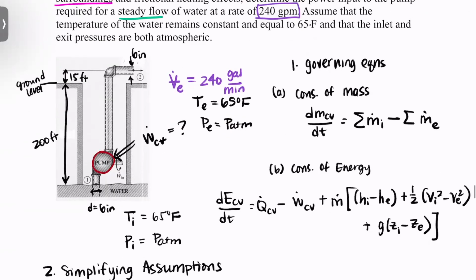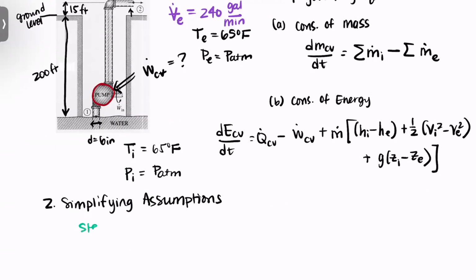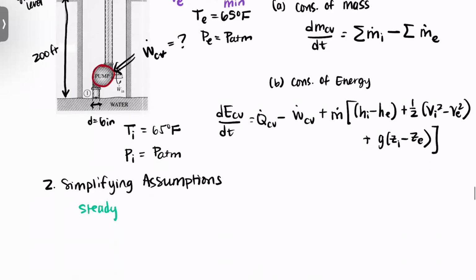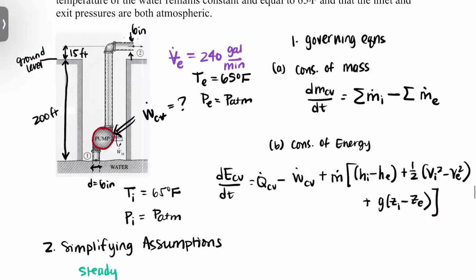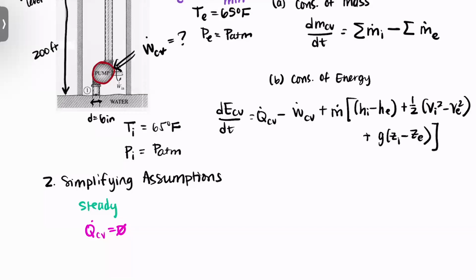We've got a couple. So we have that this is steady. That was given to us in the problem. We have Q dot of our CV is equal to 0. Any other assumptions that we should make? Can we do anything about kinetic or potential energy or work?